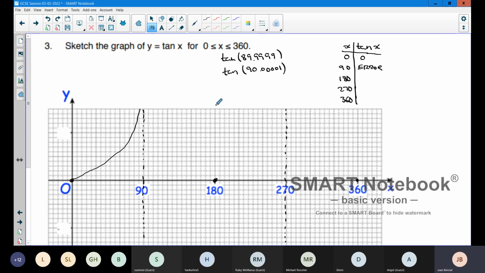And you will see that the graph gets a negative value. So then it goes like that, and then it goes like this. And again, if you go to 270, you can see that it will explode, and then it will go like this. So this is just a reminder of the graphs.